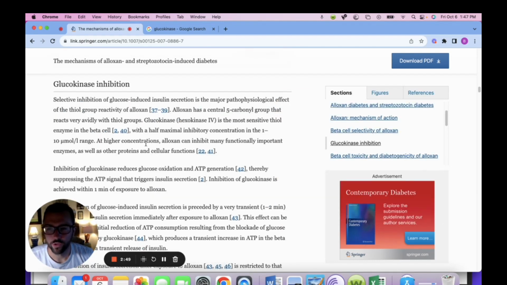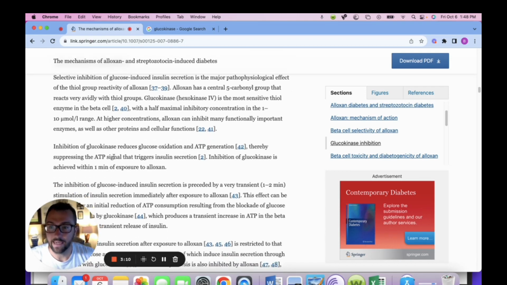Now, in this section, we're talking about some of the specifics about how alloxan targets glucokinase, which is not necessarily a kingpin, but it's an important feature in the proper metabolism of glucose. And so alloxan, you can see here, inhibits glucokinase, which in turn impairs glucose oxidation and ATP generation.